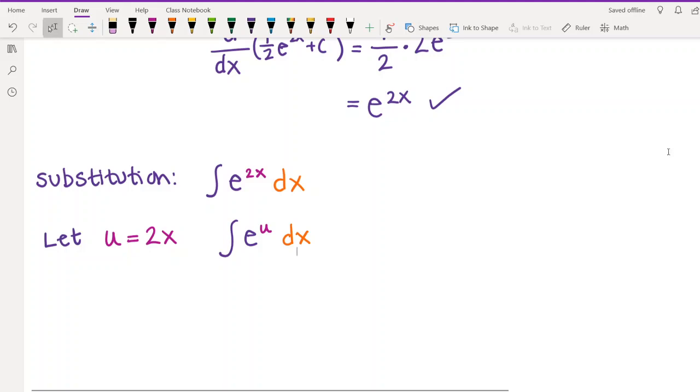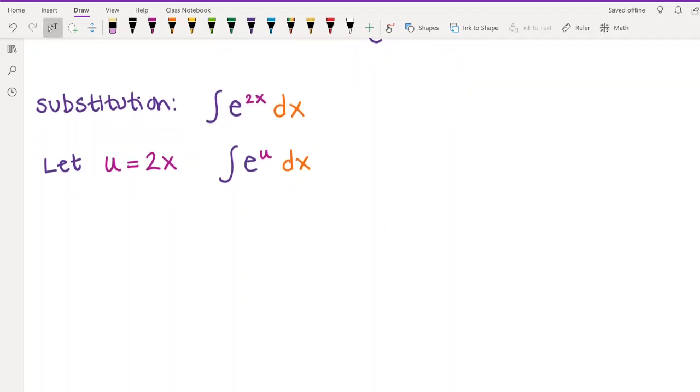But there's a problem with this, which is that we've talked about in this class, that you want the variable in your integrand to match the variable that is attached to the d, dx, dw, du, whatever. You need it to be the same variable as in your integrand. And so what we need to do is also find a way to change dx into du. The way that we do that is you take this statement.